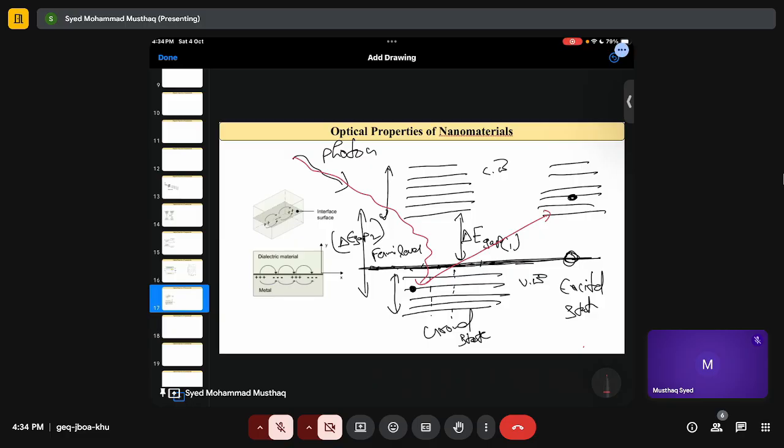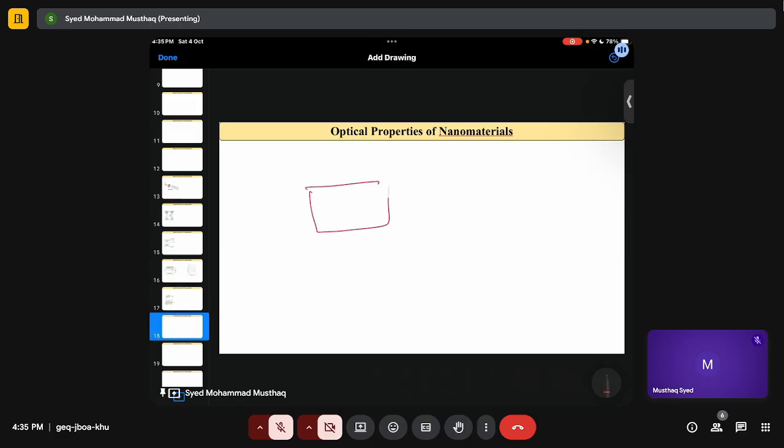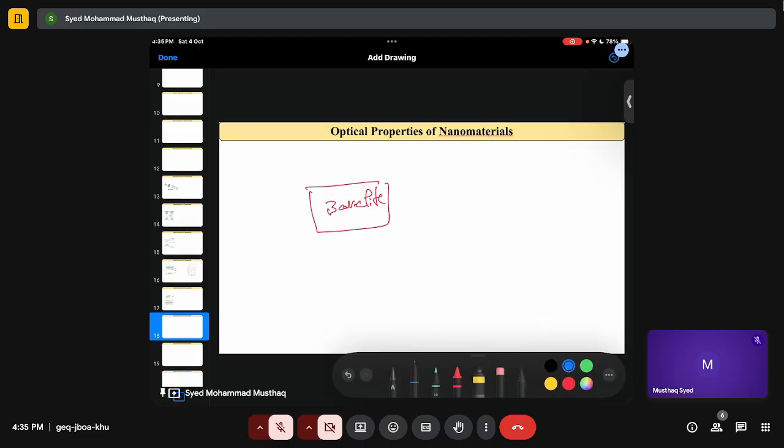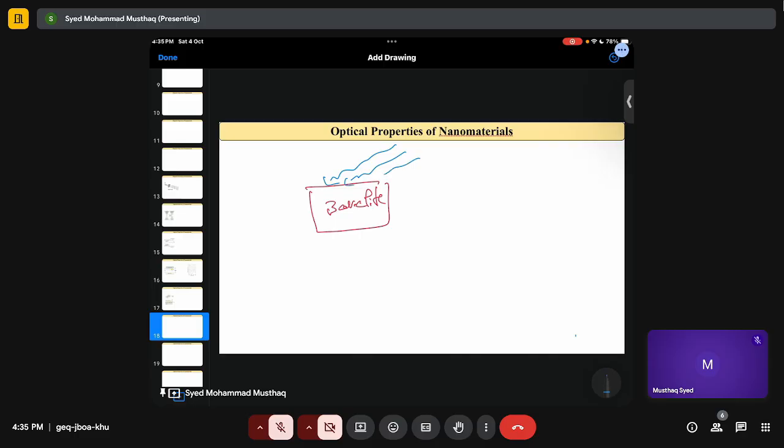So if you take Bakelite, it is transparent if you irradiate it with infrared light. If I shine infrared radiation on it, we all know where the infrared radiation lies, right?